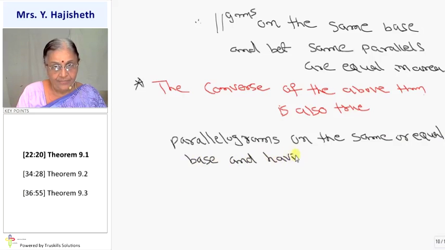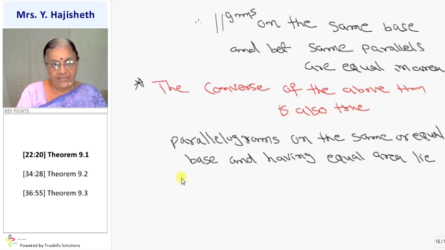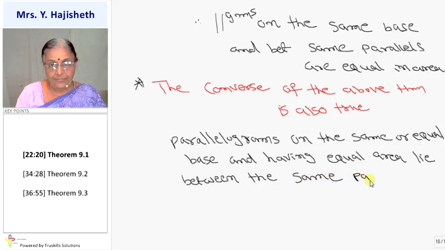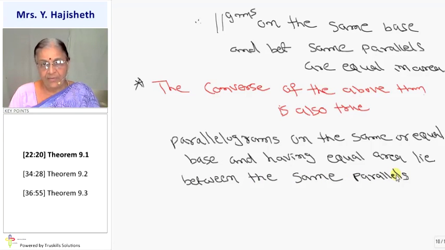The base of two parallelograms is the same or equal, and their areas are also equal. Then they lie between the same parallels. Parallelograms on the same base or equal base and having equal area lie between the same parallels. That is the converse of this theorem.